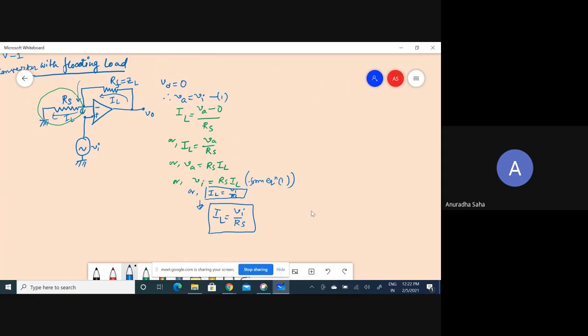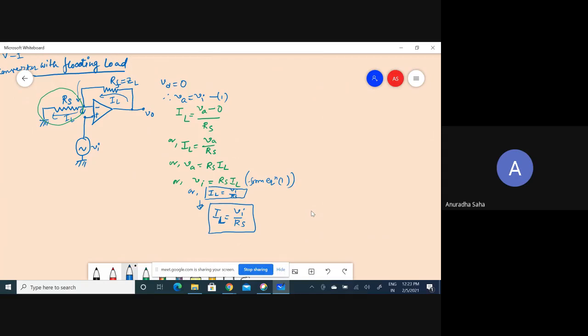So now you can observe that this is a load current IL, and it is independent of load resistance.